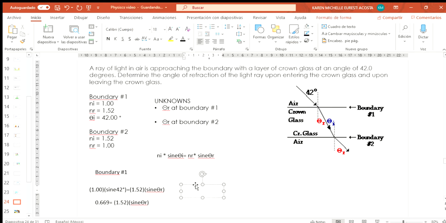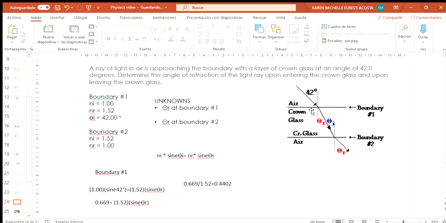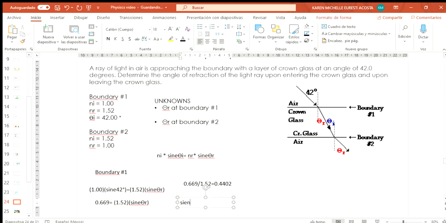So we make the operation that is divided by 1.52, that is 0.4402, and the formula will be sine of the angle R equals 0.4402.